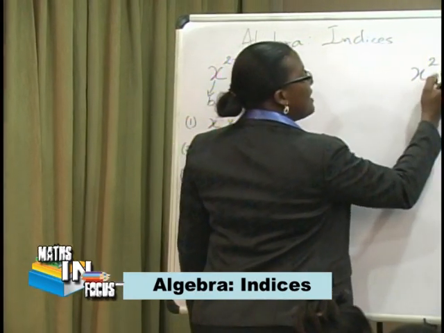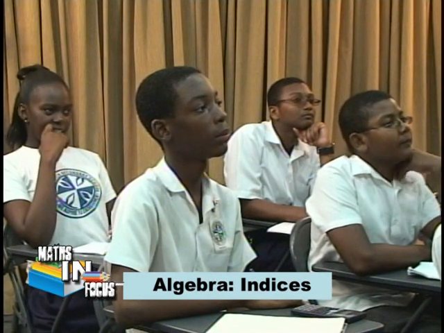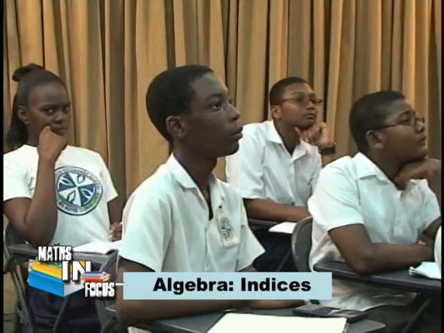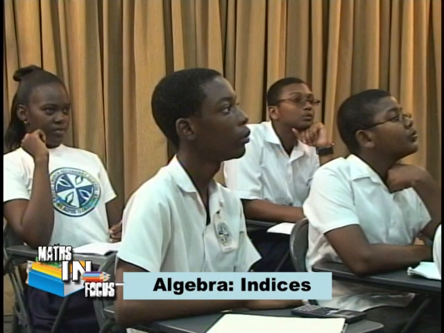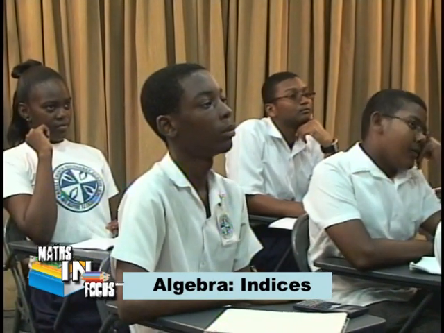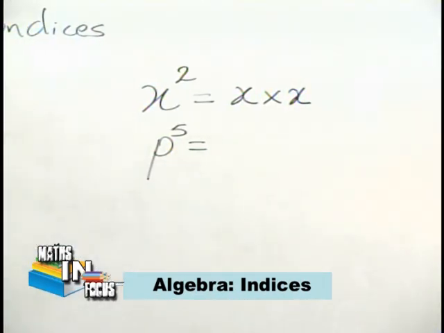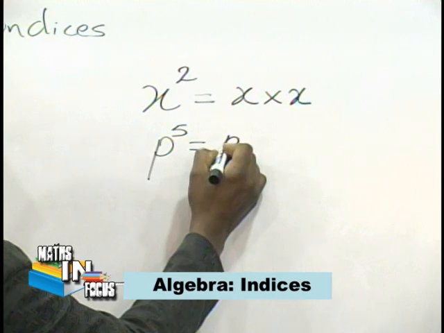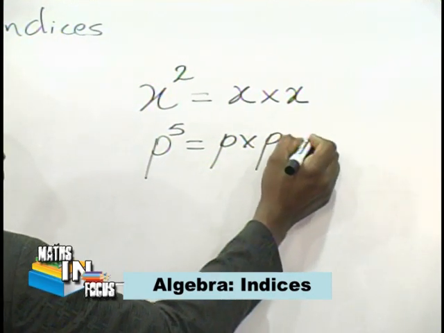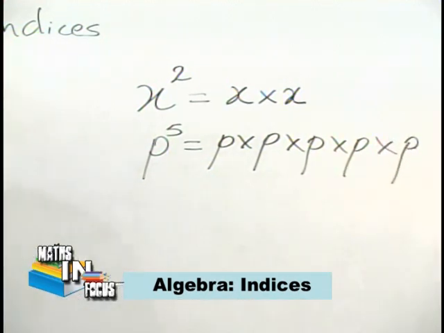So x squared is the same as x multiplied by x. So if I have p to the 5th power, that means I'm going to have 5 p's when I expand: 1, 2, 3, 4, 5. Okay?